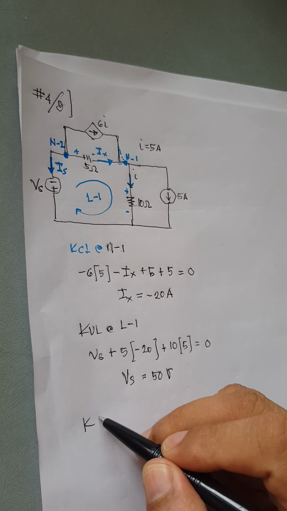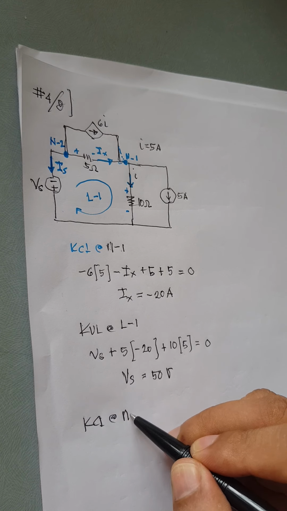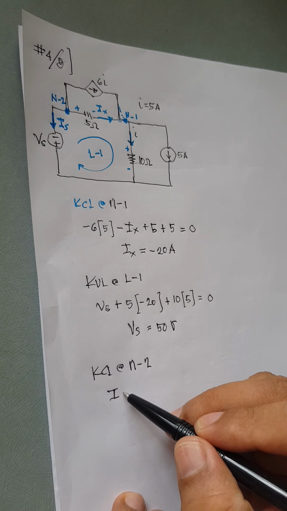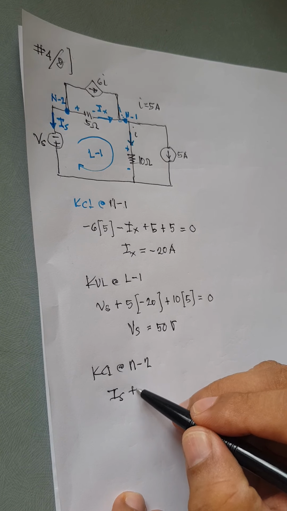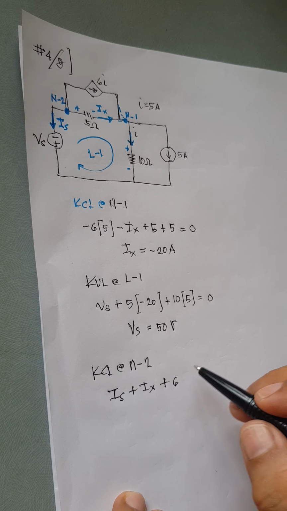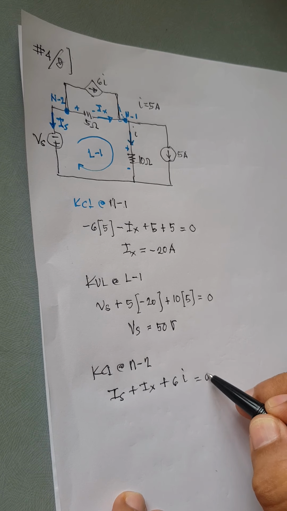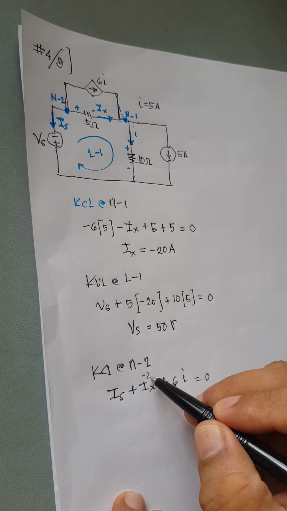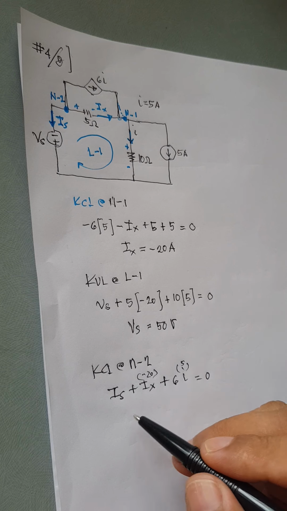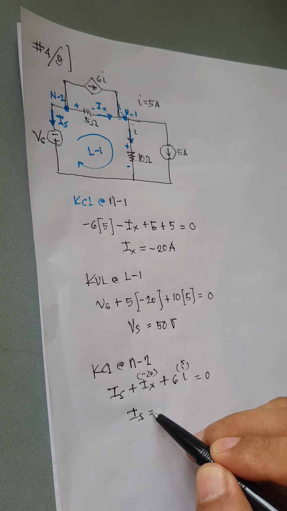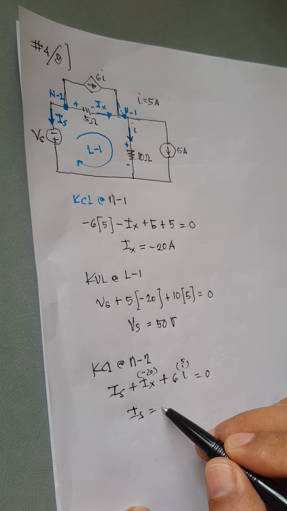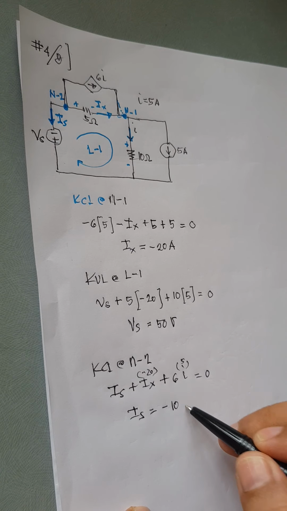So KCL at node 2. So IS is leaving. Then IX is also leaving, plus IX. Then plus 6I. 6I equals 0. But IX is negative 20. And I is 5. Therefore, we can now get the value of IS. IS is 20 minus 30, negative 10 amperes.